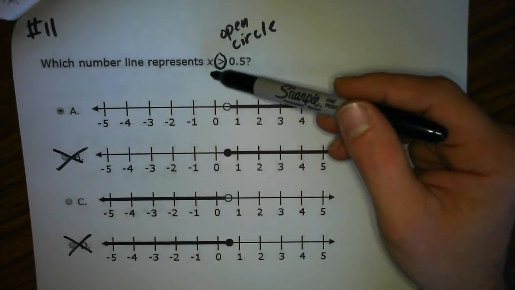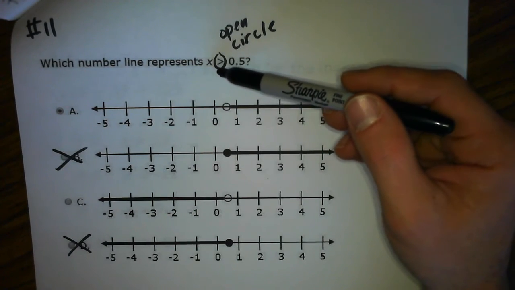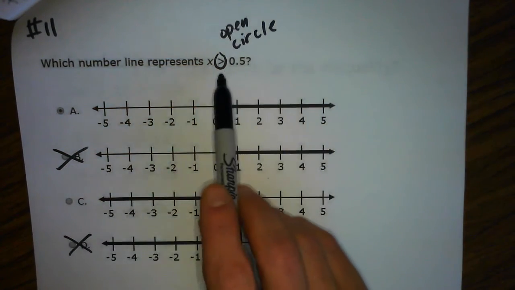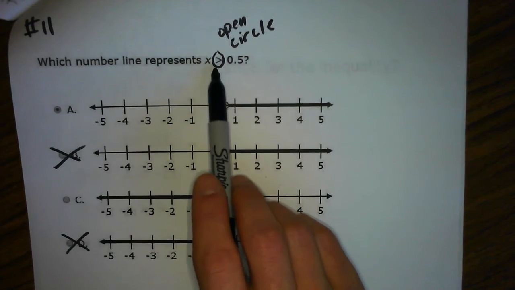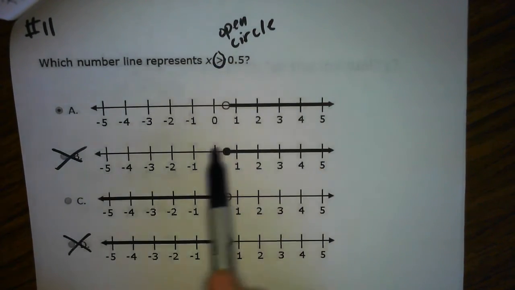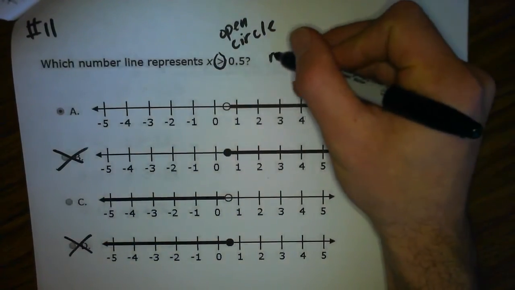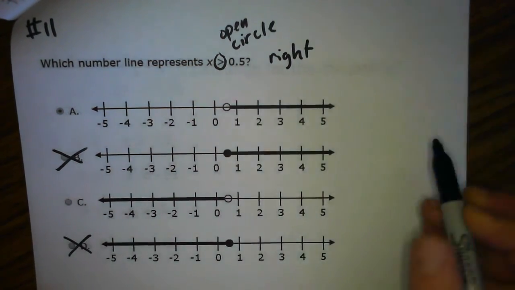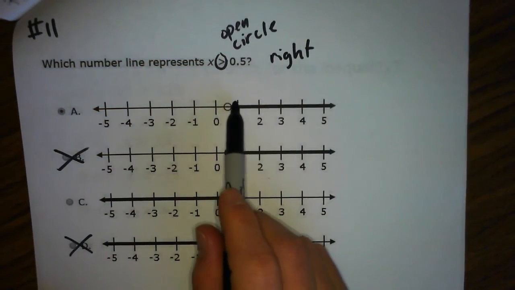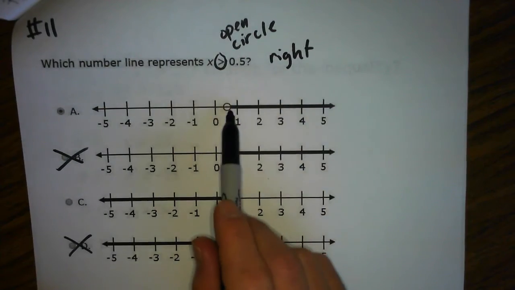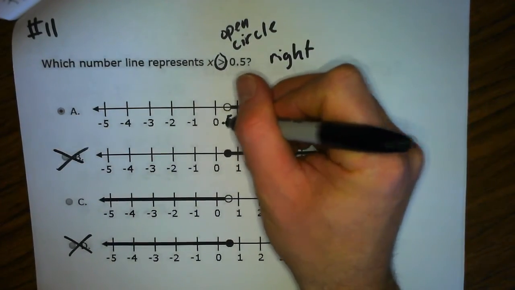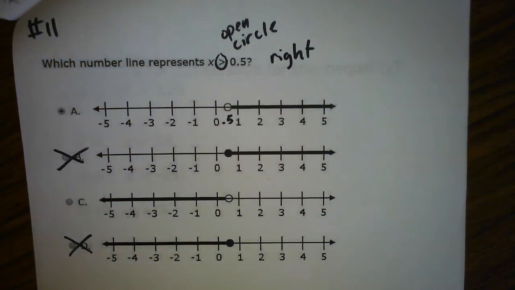So whatever number our answer is, it has to be greater than 0.5. So the shading should go to the right. To the right. So this one is our answer. The shading goes to the right of 0.5. A is our correct answer here.